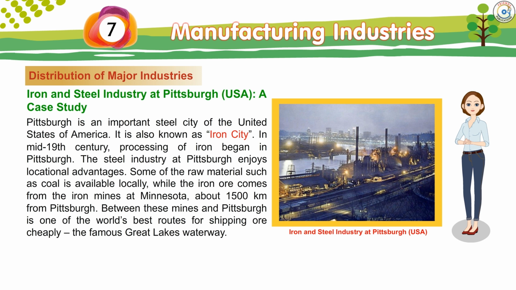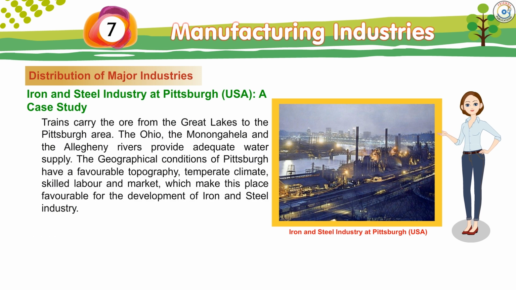Some of the raw materials such as coal are available locally, while the iron ore comes from iron mines at Minnesota, about 1,500 kilometers from Pittsburgh. Between these mines and Pittsburgh is one of the world's best routes for shipping ore cheaply, the famous Great Lakes Waterway.